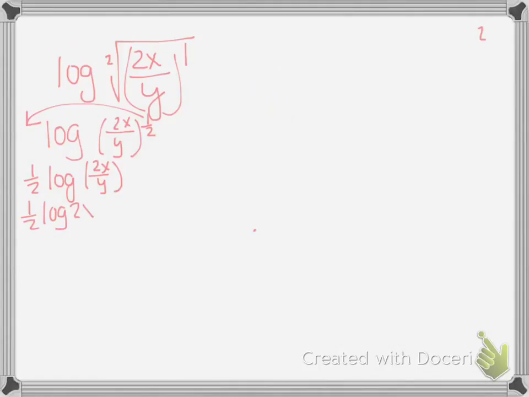That division sign means a minus sign. The 1/2 needs to follow suit with both of them. And now I need to follow this multiplication sign, which is a plus sign. Log of x minus 1/2 log of y.